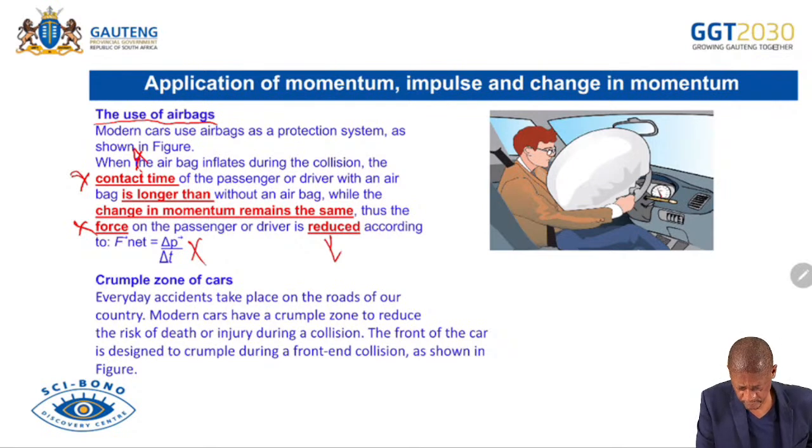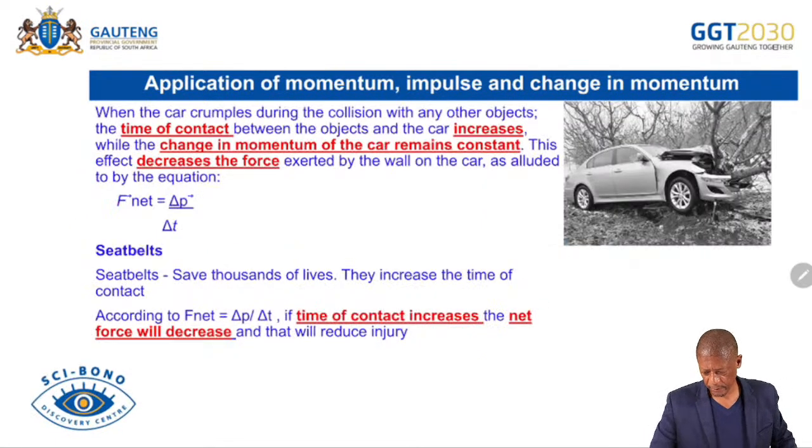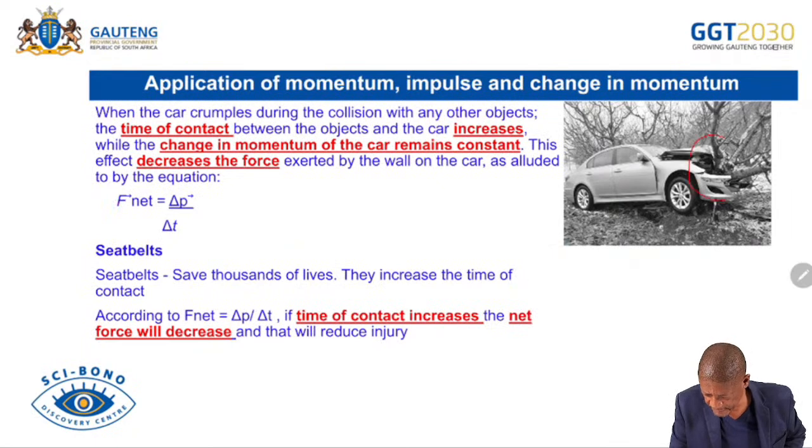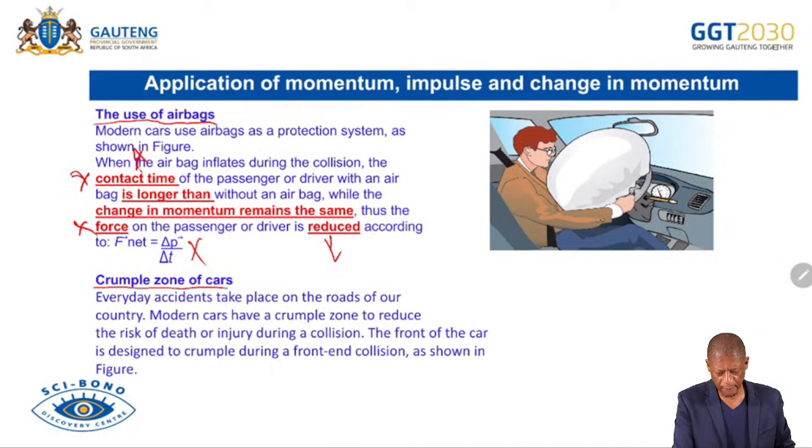Crumble zone. Cars nowadays use a crumble zone. This car in front here has a crumble zone to prevent injuries when it collides with another car. Every day accidents take place on the roads of our country.